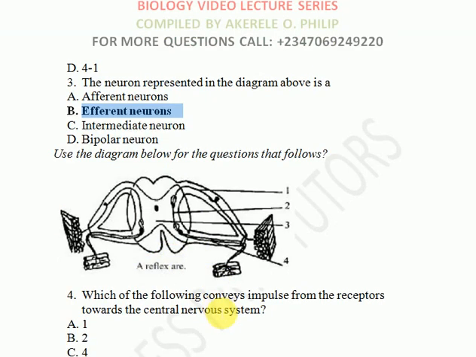Now, which of the following conveys impulse from the receptors towards the central nervous system?